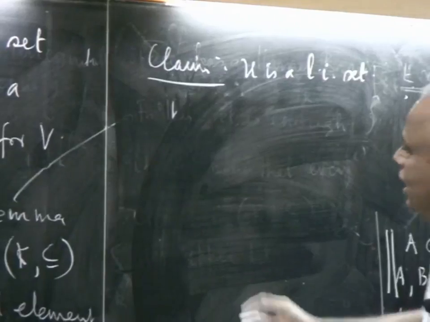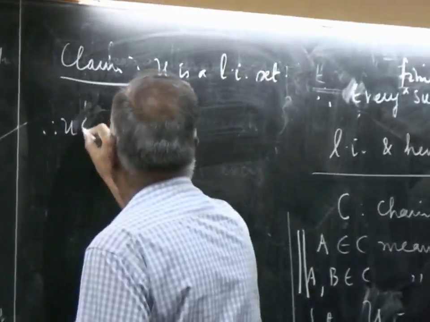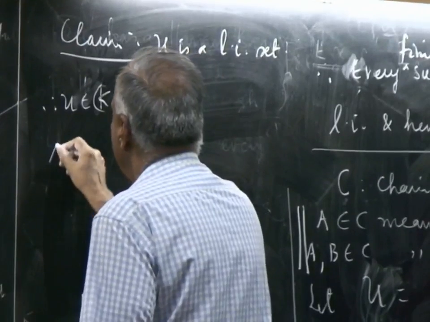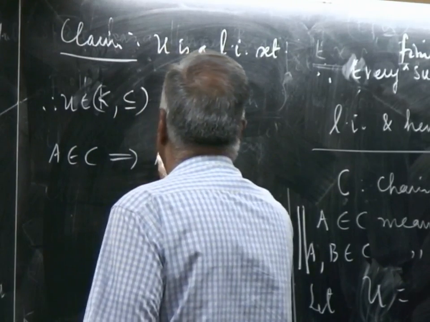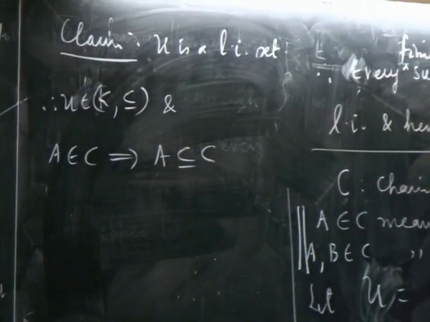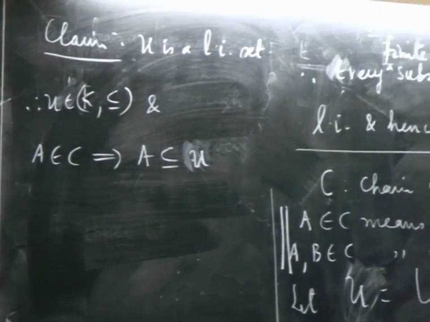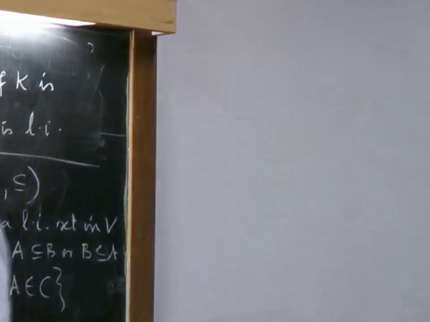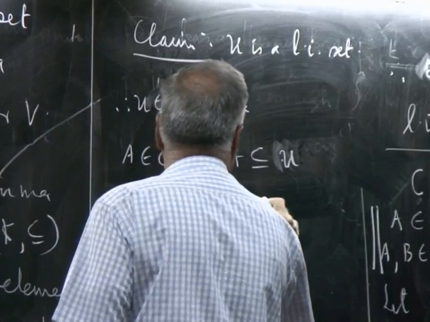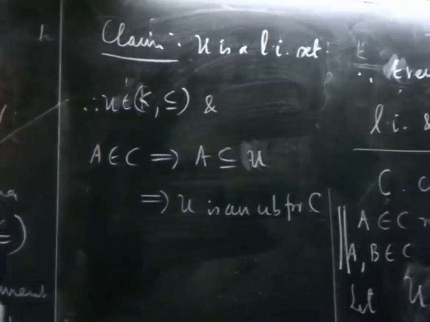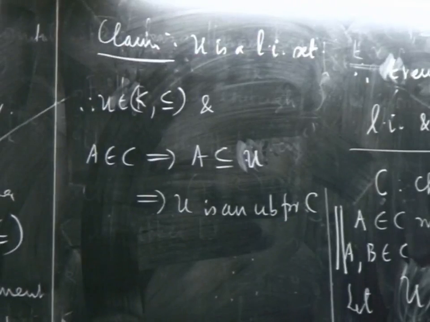We will show that, and therefore U belongs to K. A belongs to C implies A is contained in U, because U is the union of all the sets. So any one of them must be a part of it, which implies U is an upper bound. Everybody in C is smaller than it, and therefore U is an upper bound for C.